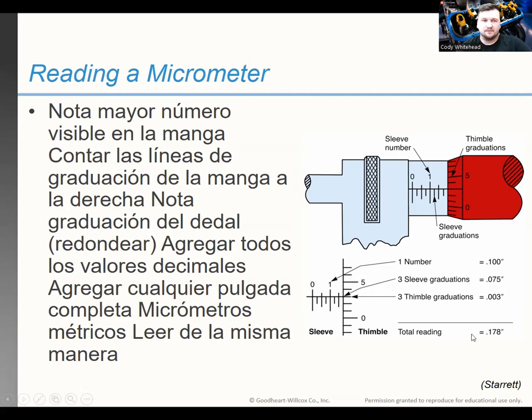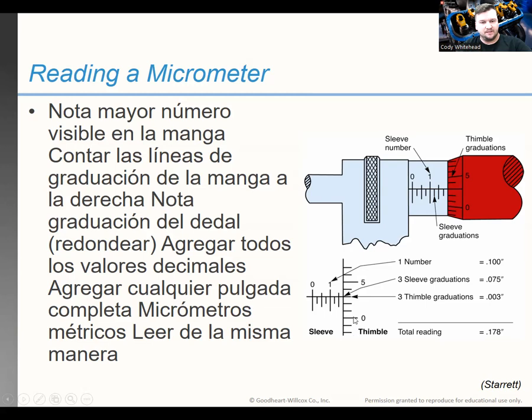Like I said, it's kind of confusing at first, but once you get the hang of it, it becomes very easy, very simple. Just remember these whole numbers here are point whatever that number is, like this is 0.1. These lines here are each 0.025.